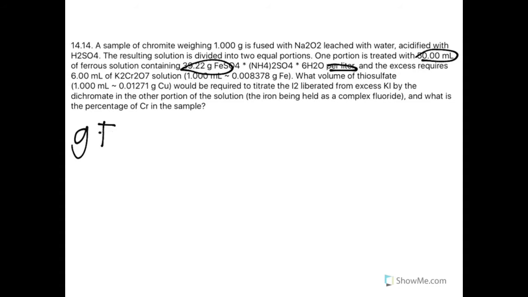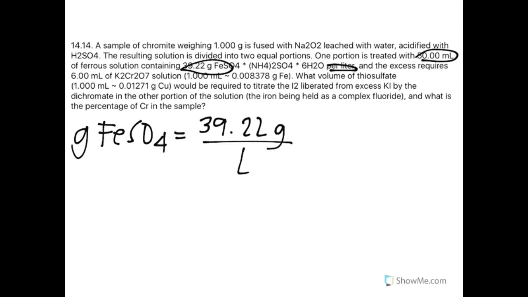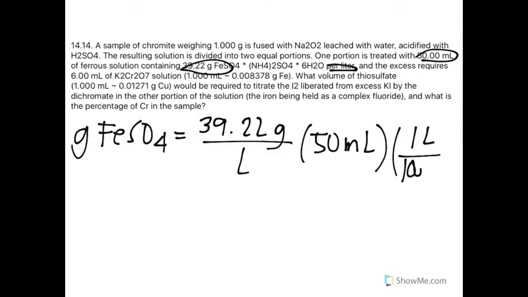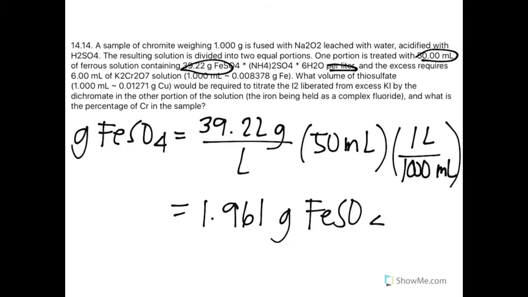So grams of FeSO4 is equal to 39.22 grams per liter multiplied by the 50 ml of the ferrous solution. And then to cancel the units, we multiply this by 1 liter over 1000 milliliter. And this results to 1.961 grams of the FeSO4.